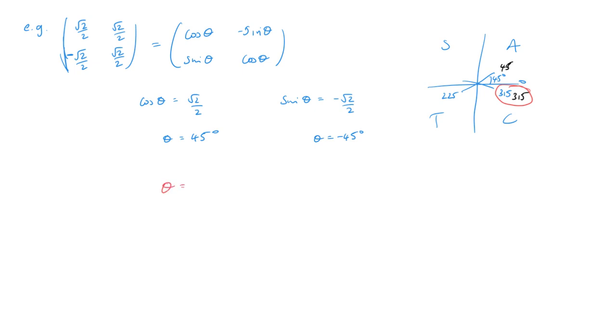So the angle is 315. So it's a rotation about the origin anti-clockwise, and it's 315 degrees. So a 315 degree rotation about the origin anti-clockwise. And that is what that matrix stands for.